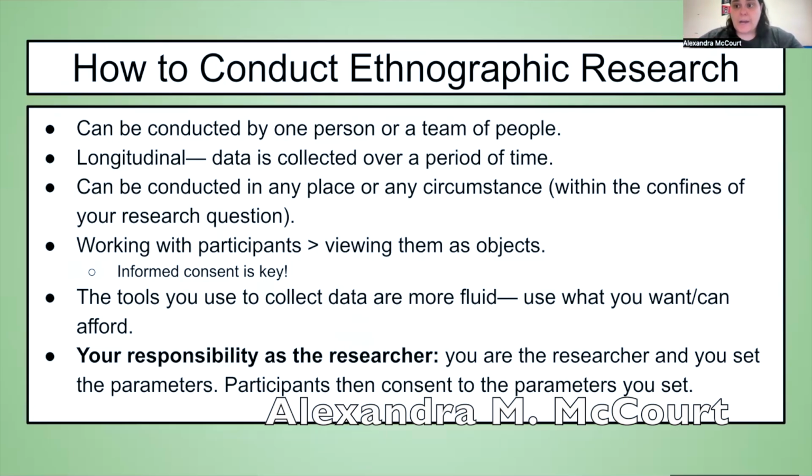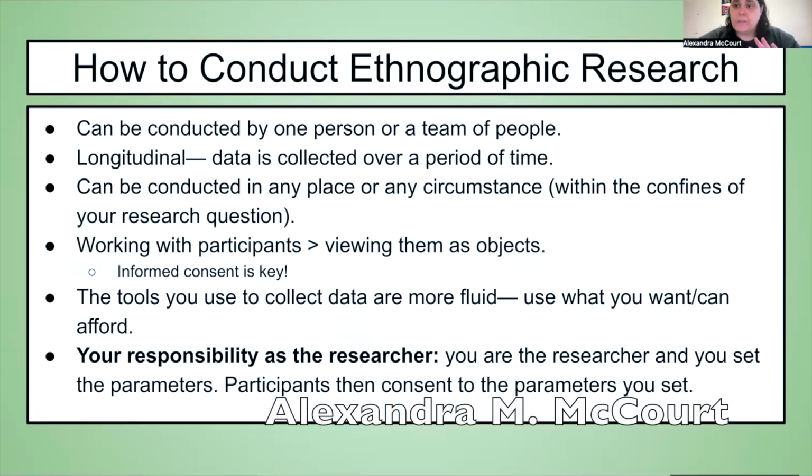It can be conducted by an individual or a team of people. It's typically longitudinal research, meaning that it is data collected over a period of time. It is not just quick glances, it is not just quick surveys, it is data collected over a period of time. It can be conducted in any place or any circumstance.